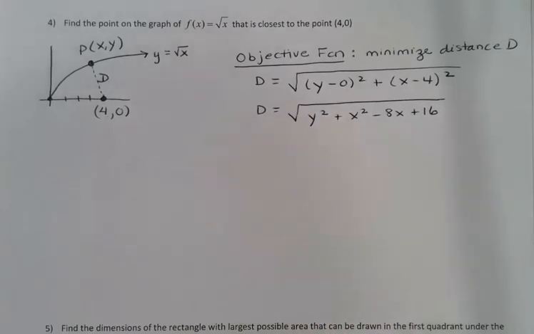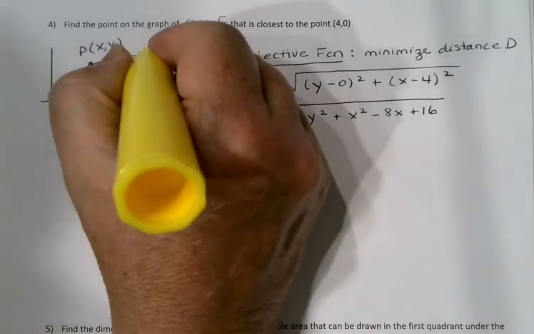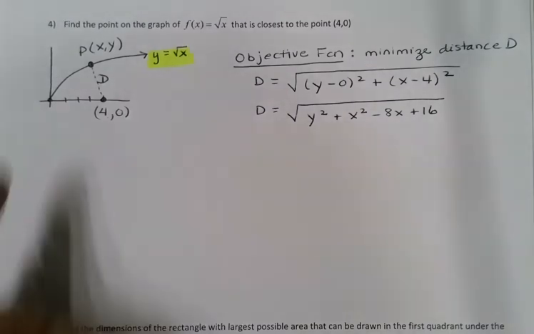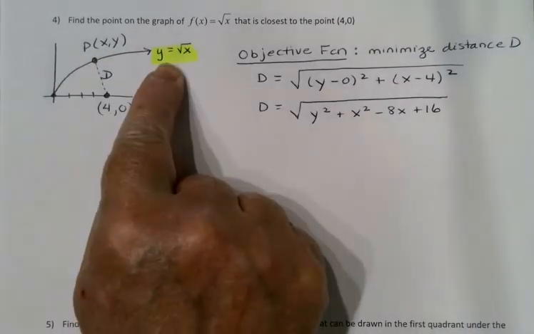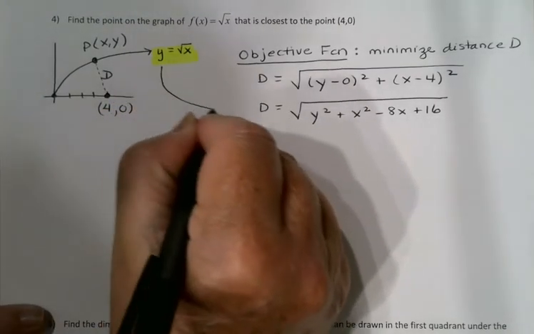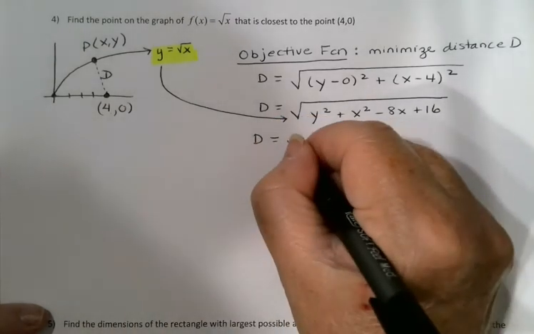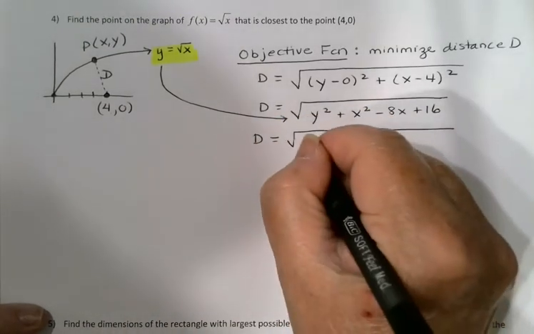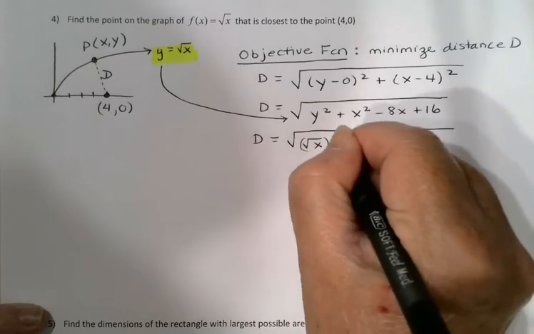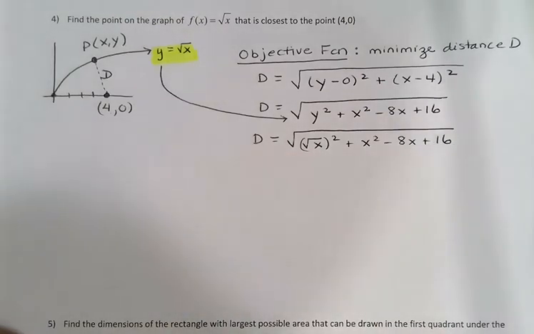So in this case, I'm going to need a constraint, but I think the constraint is actually already here. Notice that this point had to be on this graph. So in fact, my constraint is, in order for the point to be on the graph, y has to be equal to the square root of x. So I'm going to plug that in right now. And that means I can write my distance function as the square root of the square root of x squared plus x squared minus 8x plus 16.